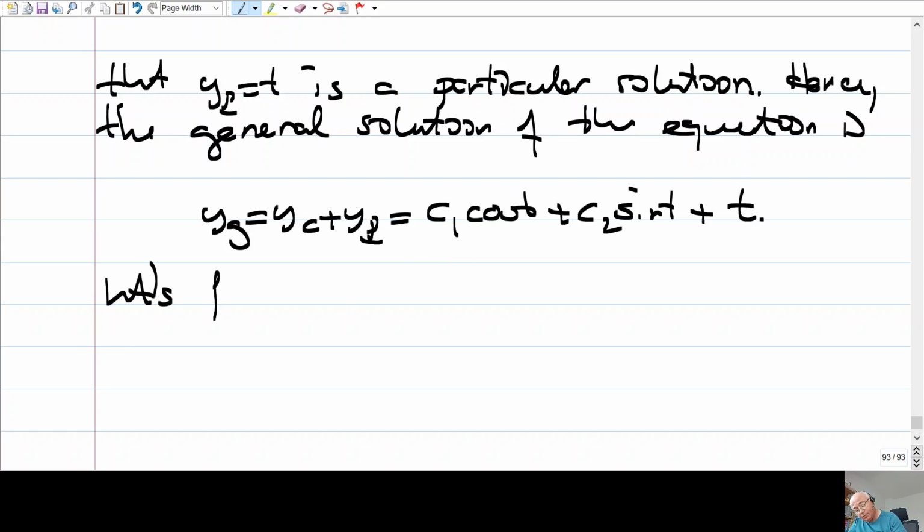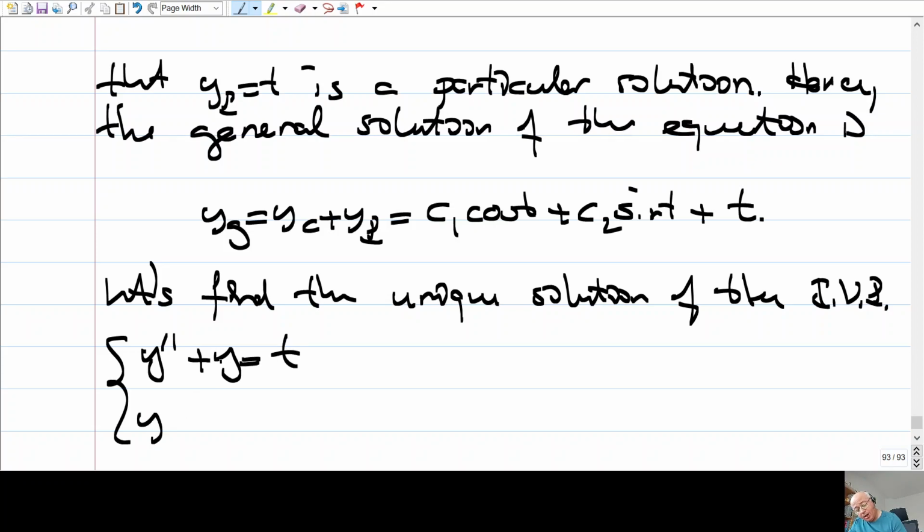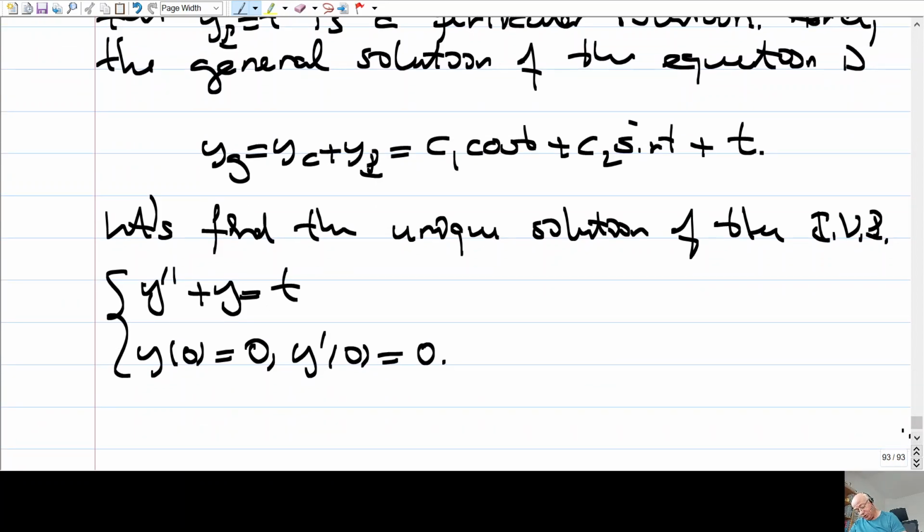Let's find the unique solution of the initial value problem y double prime plus y equals t, and I need two initial conditions. Let's say y(0) equals 0, and y'(0) is also 0. So trivial initial conditions.